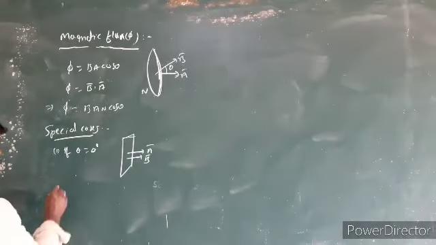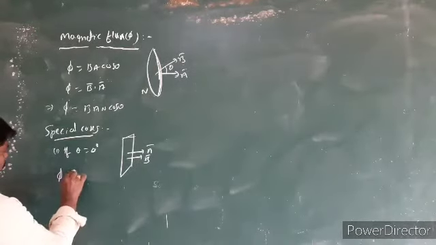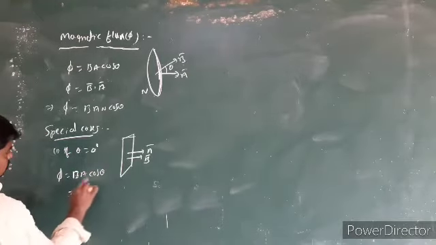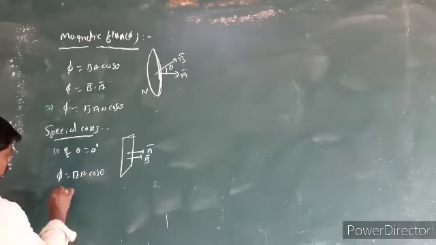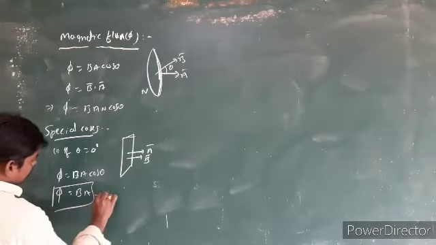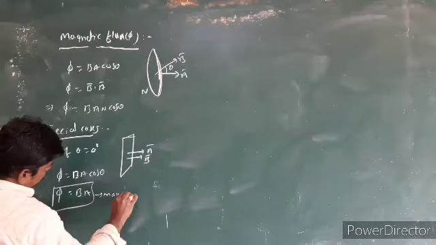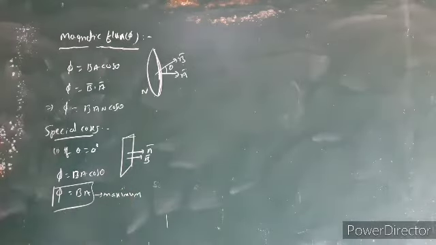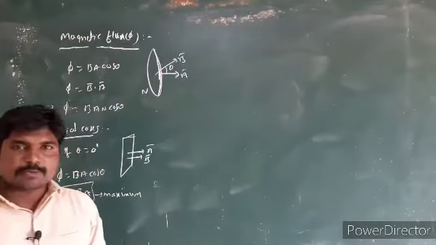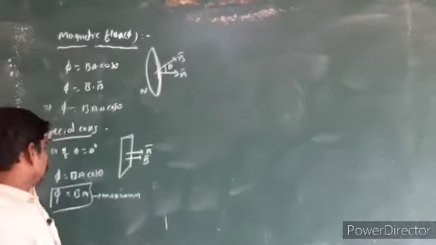Therefore theta is equal to 0, flux phi is equal to BA cos 0. Cos 0 is 1, therefore flux is equal to BA. This is the maximum amount of flux. When the plane of the coil is perpendicular to the magnetic field, the maximum amount of flux passes through that coil.